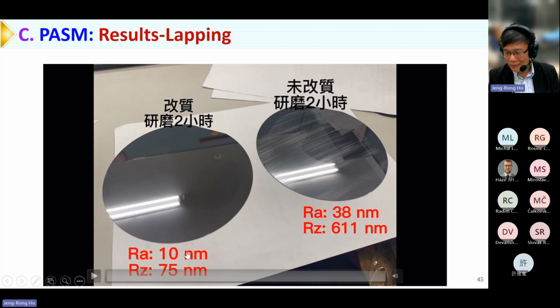But we can still see the surface roughness for the modified surface is much better than without surface modification.